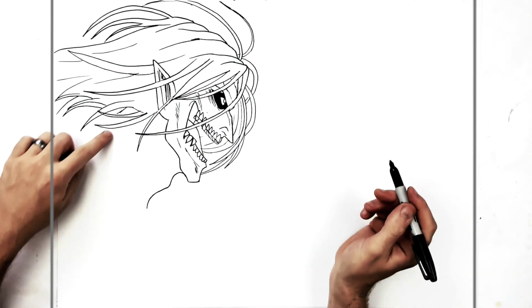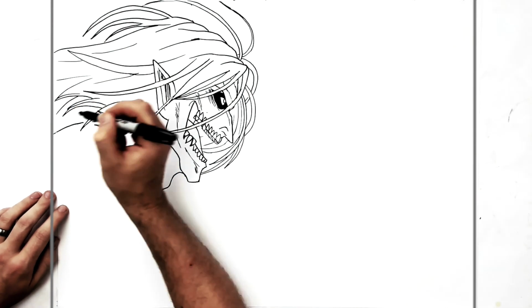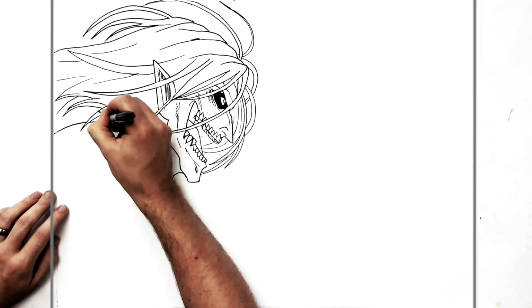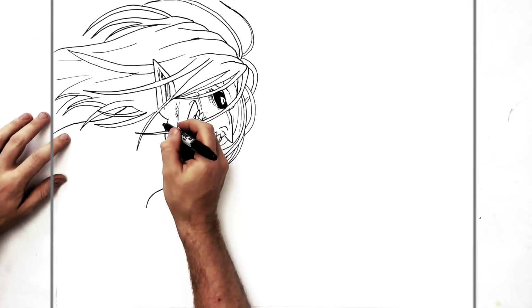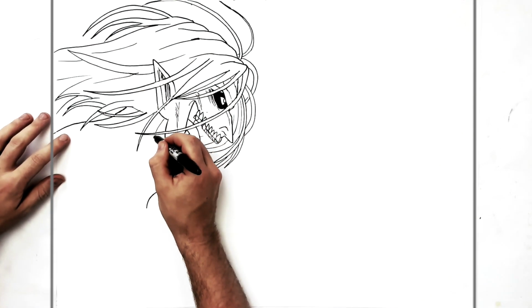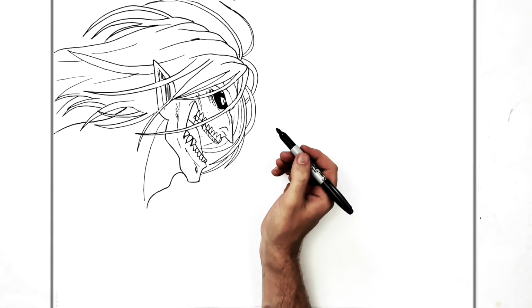So neck here, underneath his hair, comes down off the page this way. Like so. And then neck muscle lines coming down to there.